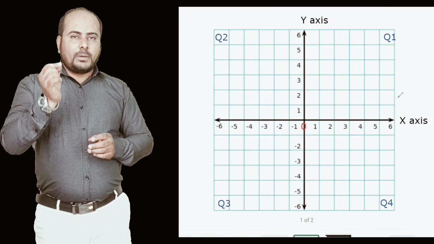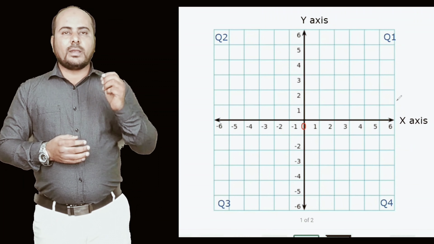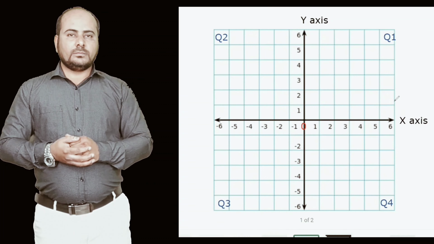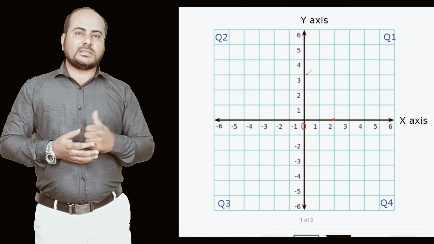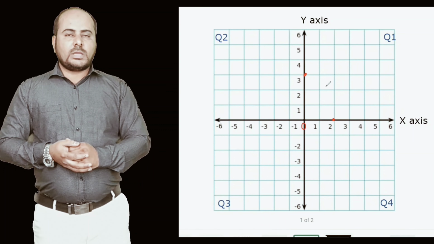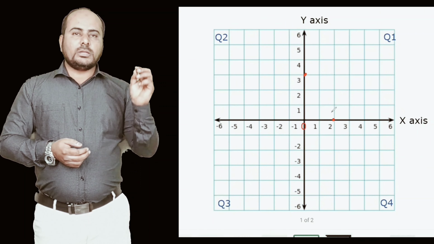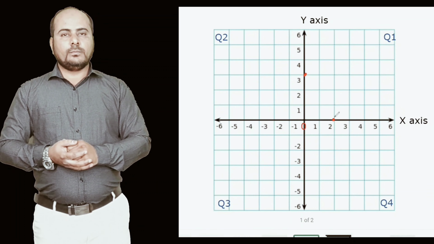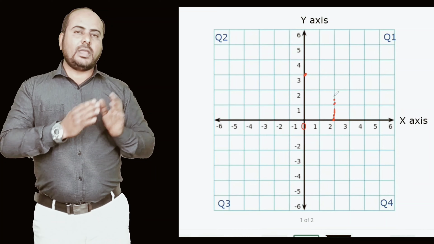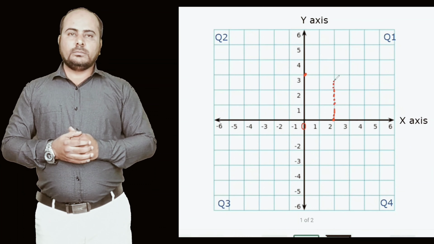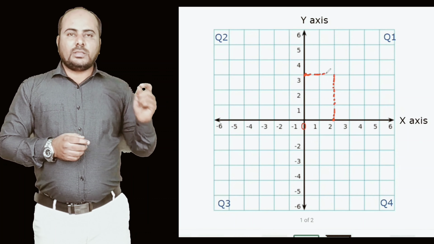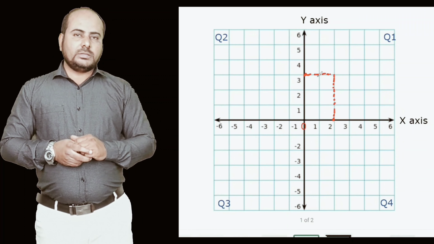Now if you want to select a particular point, we can represent it with 2 coordinates with the help of the x-axis and y-axis. Suppose I want to take a point (2, 3). 2 is taken on the x-axis, 3 is taken on the y-axis. Here 2 is called the abscissa and 3 is called the ordinate.